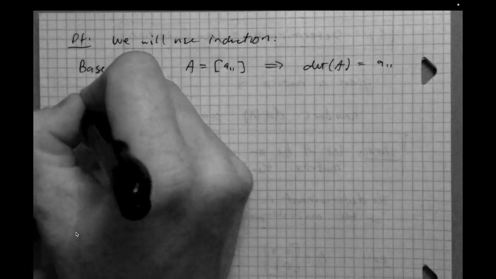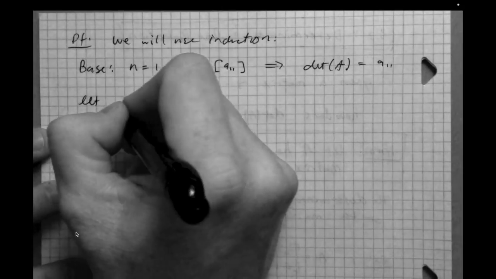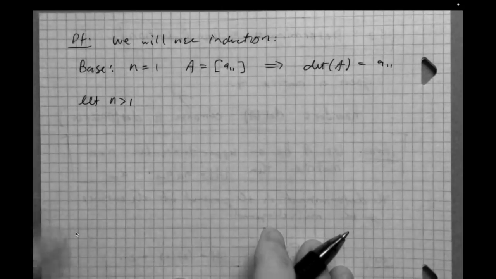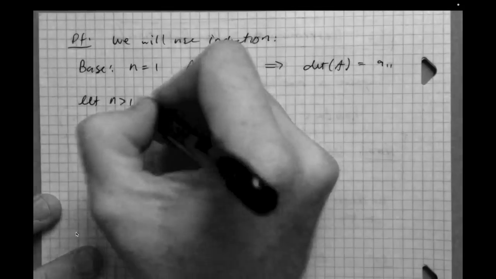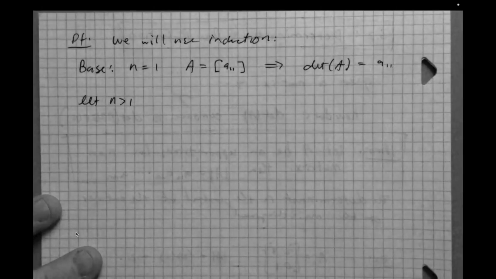Okay, and then let's assume, so we'll let n be greater than 1, and assume that for any upper triangular n minus 1 by n minus 1 matrix, we have the induction hypothesis.